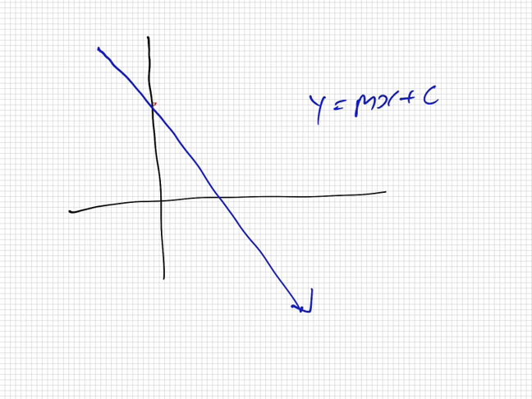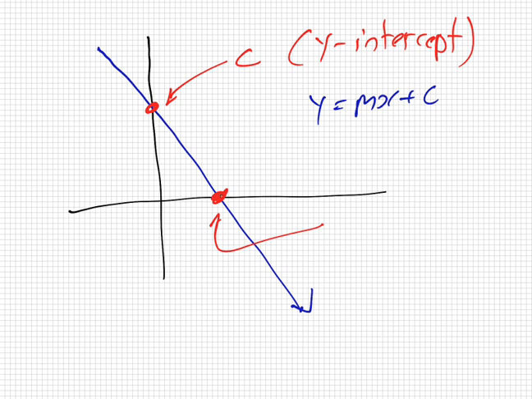This here is actually the c, and it's called the y-intercept, as you know. But this point here has a special name, too. Does anybody know the name of this point? Yes, and its special name is? Oh, come on, somebody must know this.